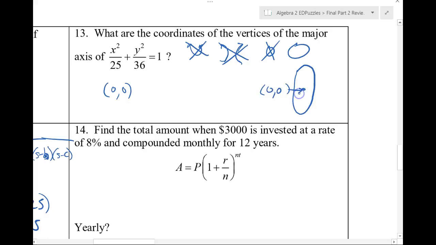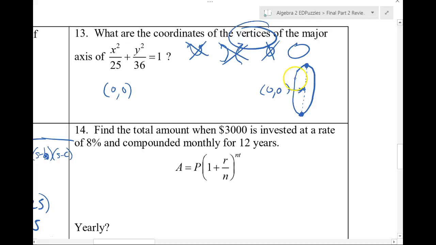that's this point. The vertices are the points on the ends of the major axis, the longer side. Okay, the point up here at the top and the point here at the bottom. So the question is, how far is it from the center to that point? That'll tell us those vertices. I get that from that same 36. Because it's under y, that means that's the value that tells us whether we're going to go up or down.